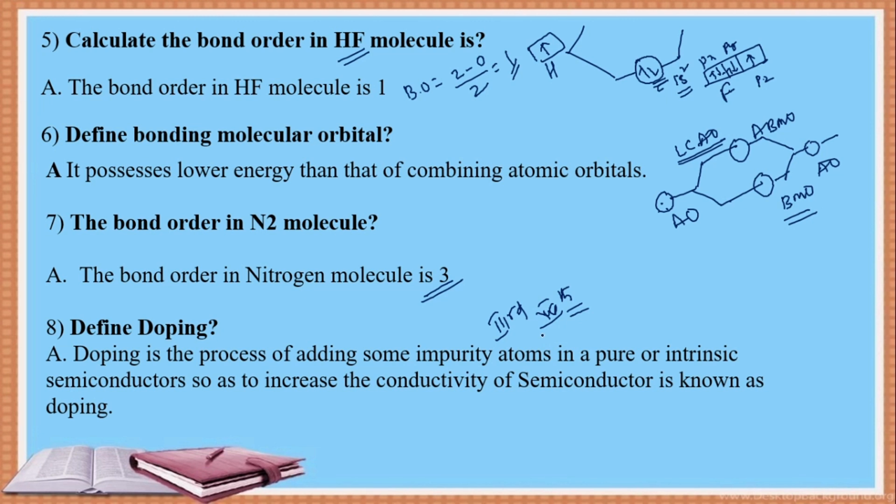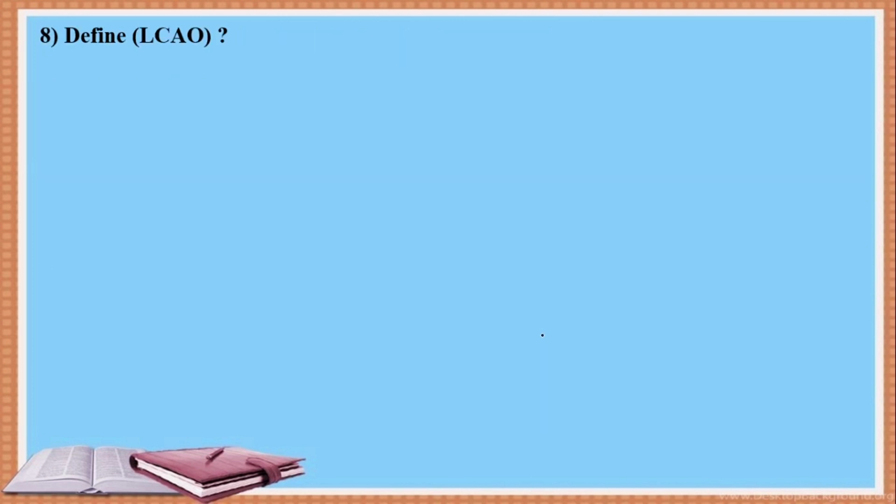Pure semiconductor means nothing but intrinsic semiconductor. So when we add third group or fifth group elements as impurities, the increase in conductivity in semiconductors is known as doping. Clear? Right.